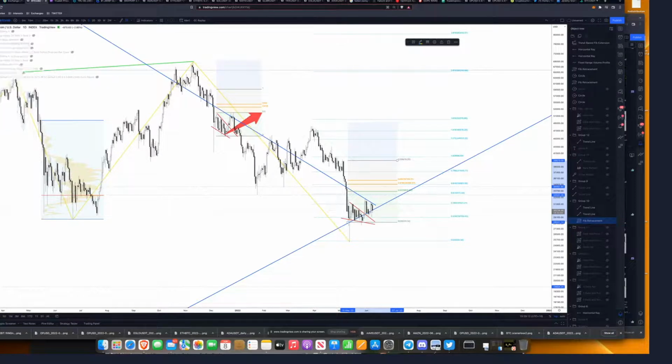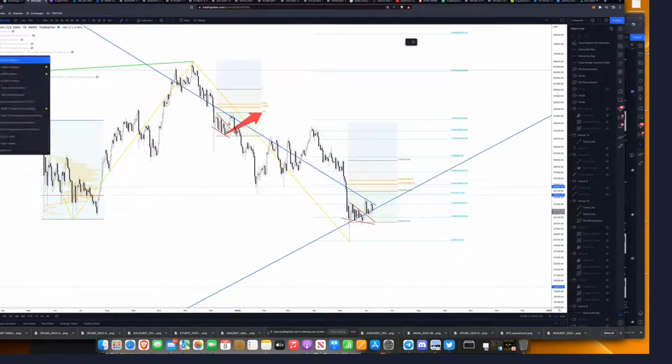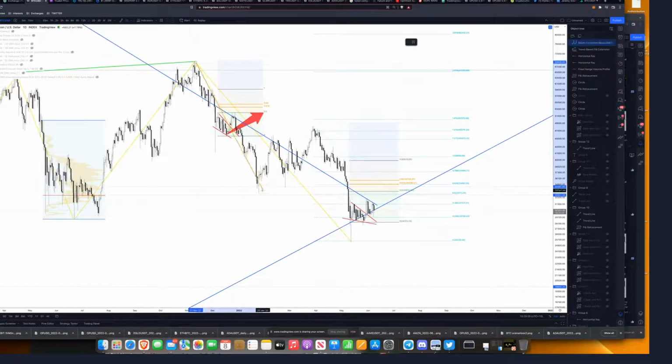Let's do this. So you need to know Elliott wave theory to get some idea of what's going on. So this is wave 5. We're doing wave, if this is wave A, that's B, this could be C, right?